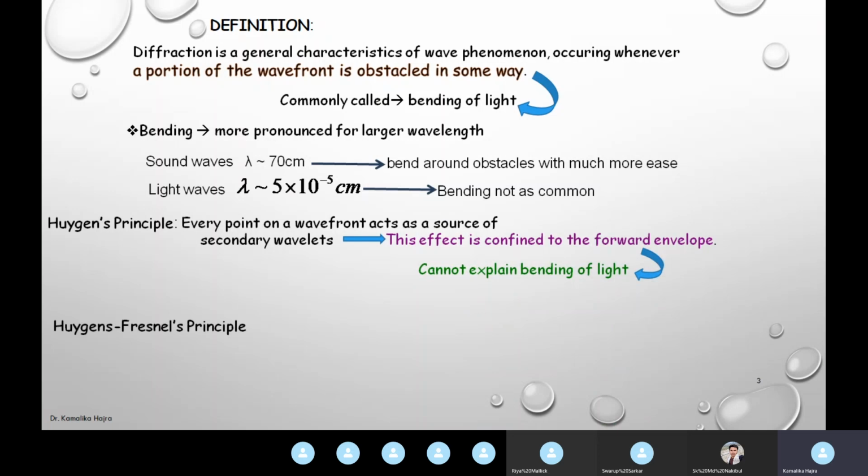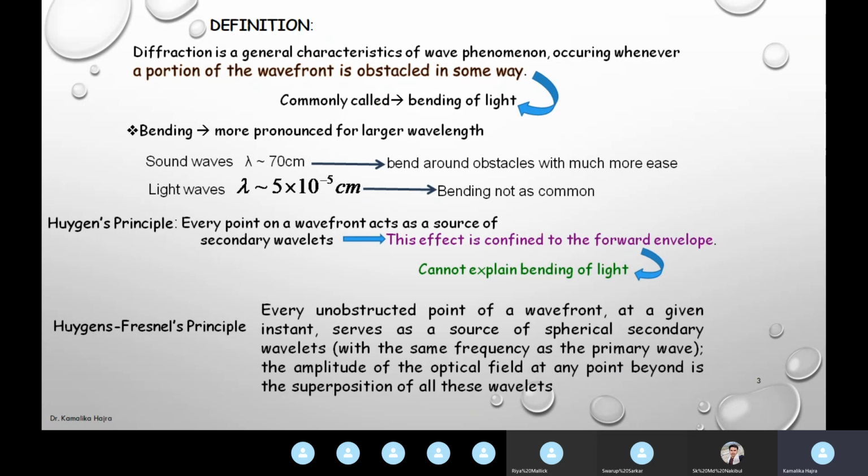So there was Huygens Fresnel's principle. Fresnel was the first person to give a theoretical backup for the observed phenomena of diffraction of light, and he added to Huygens principle so that it is now called Huygens Fresnel's principle.